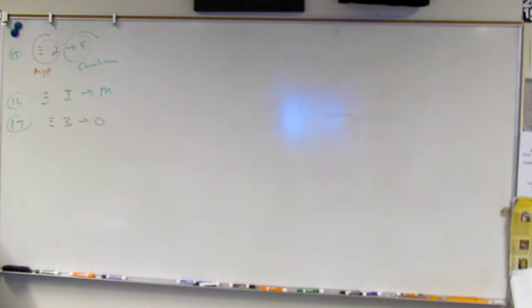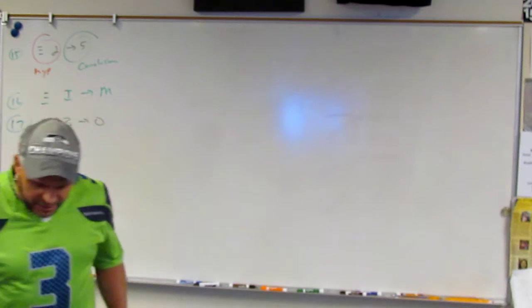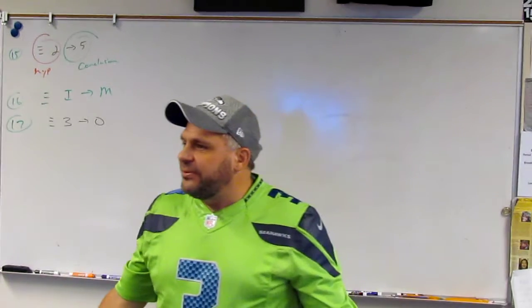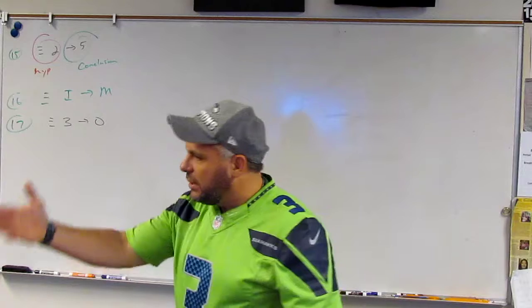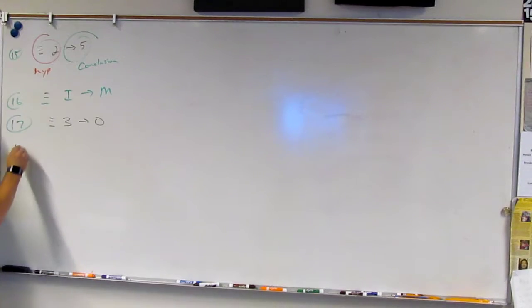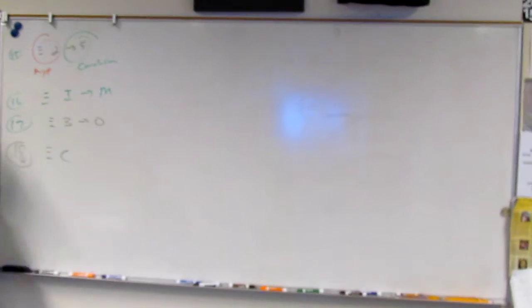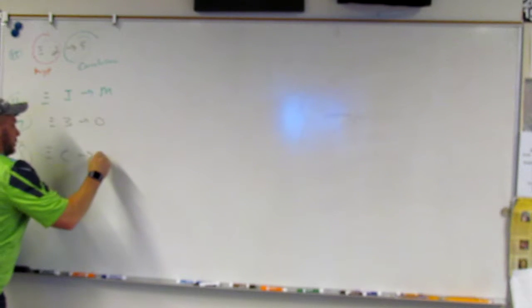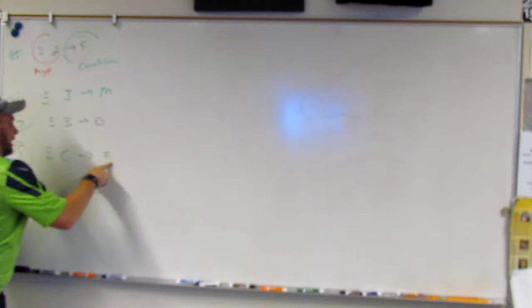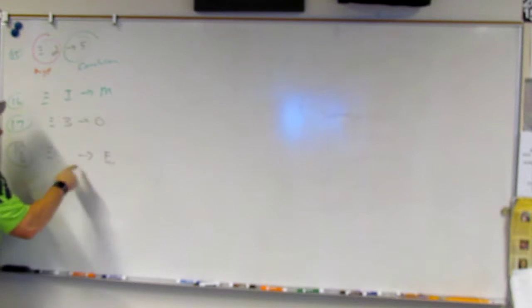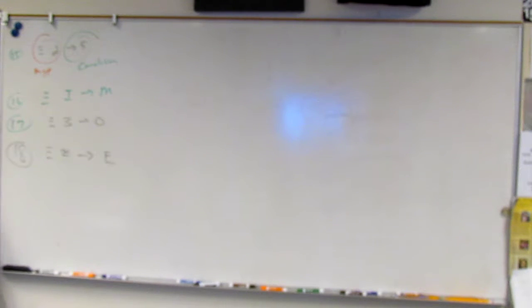17, 18? 18. Congruent statements have equal measures. Okay. What's the if? If congruent, then it's equal. There's a sign for that. You could even use the sign. If congruent, right?